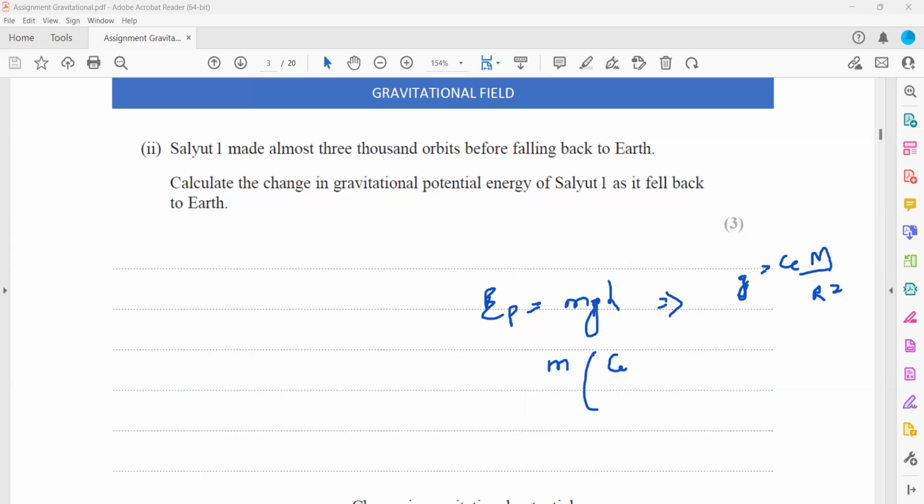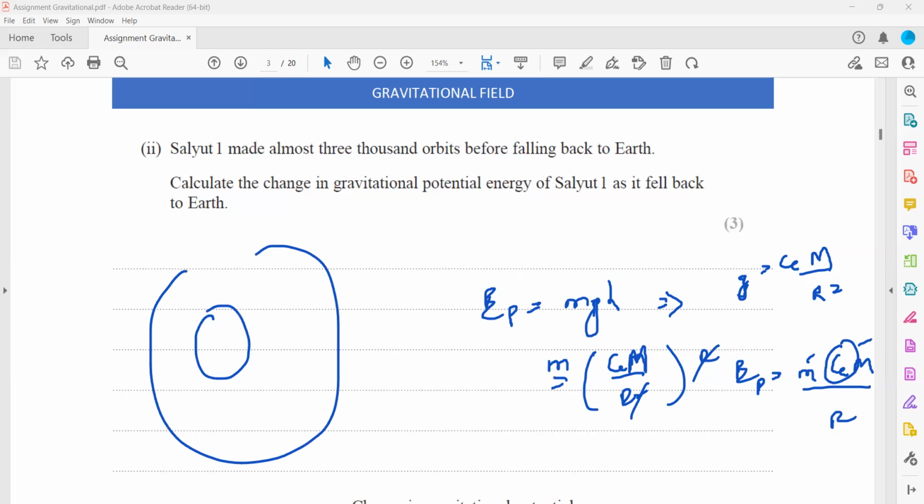So in place of g, if I write GM over r squared and the height is r, we cancel out, and we are left with GMm over r, where m is the mass of the object and M is the mass of the planet. That is how we work out the potential energy for satellites orbiting the Earth. So we work out the potential at the orbiting radius, then on the surface of the Earth, and take the difference to know how much the gravitational potential energy changes.